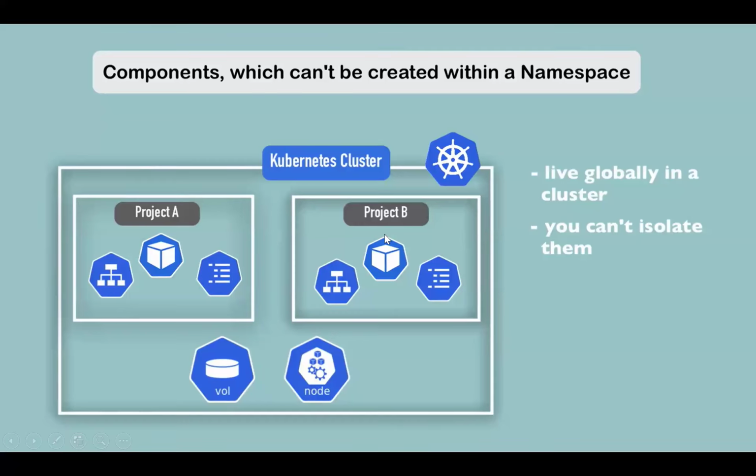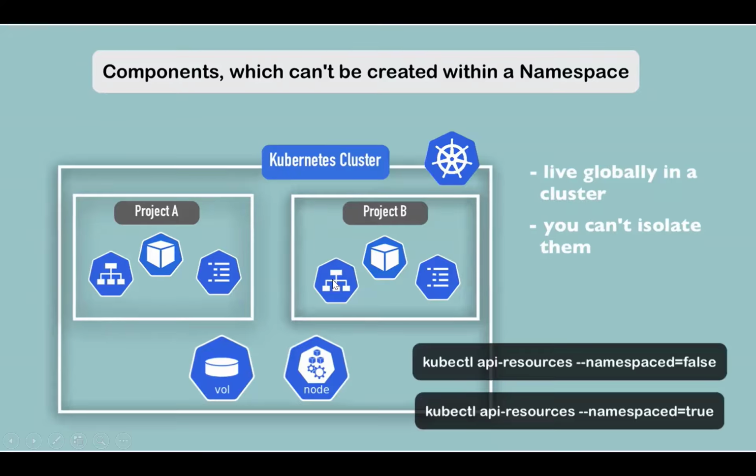You can create a separate namespace and put your components over there. If you want to see which resources are created inside a namespace and which are not, meaning which are open to all, we'll go with kubectl api-resources --namespaced=false.